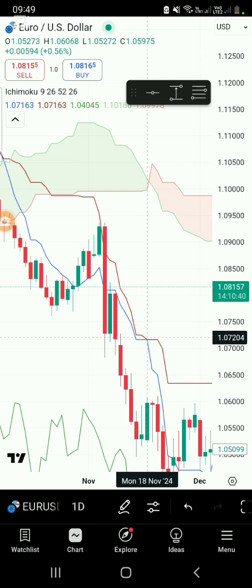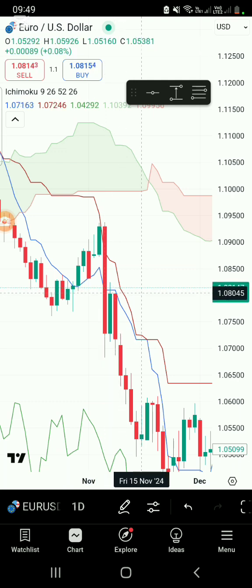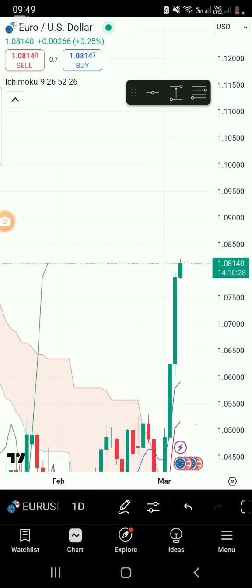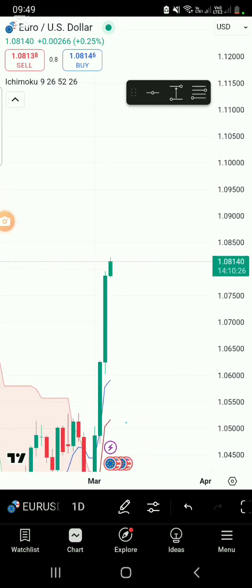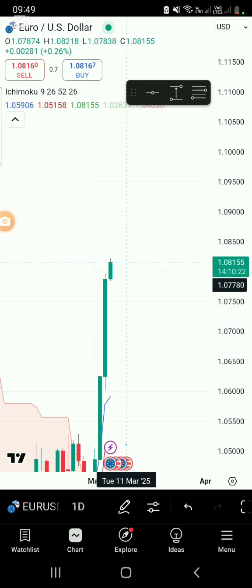So this is what I'm talking about. So the euro USD has pushed past this level, which is 1.0803, right? Now if you move to the right, you'll notice that there's a clear move to the upside, and this is based on the dollar continuing its drop.